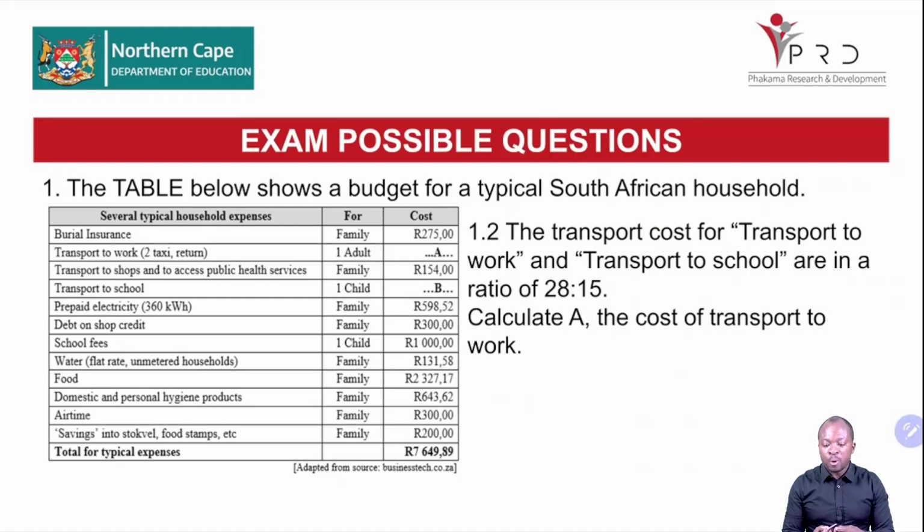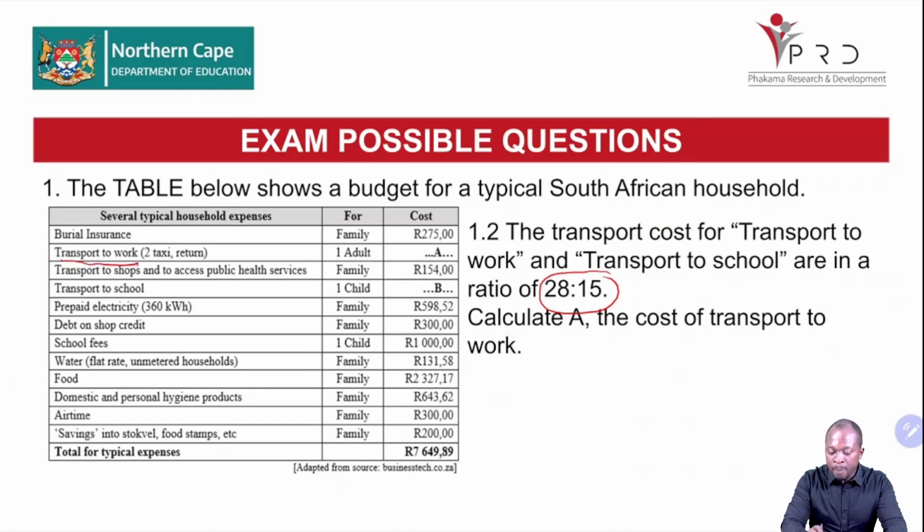The transport costs for transport to work and transport to school are in a ratio 28:15. Calculate the value of A, which is the cost of transport to work. So they have given us transport cost for transport to work. This is transport to work.